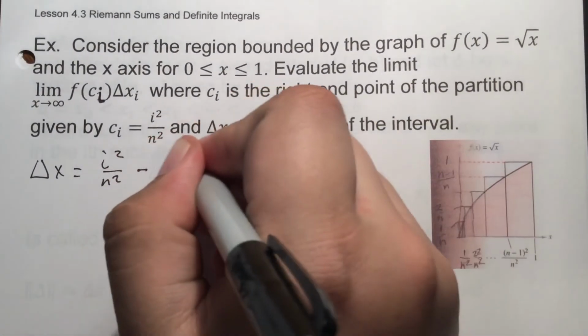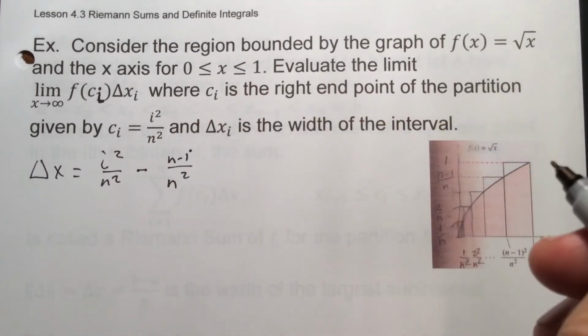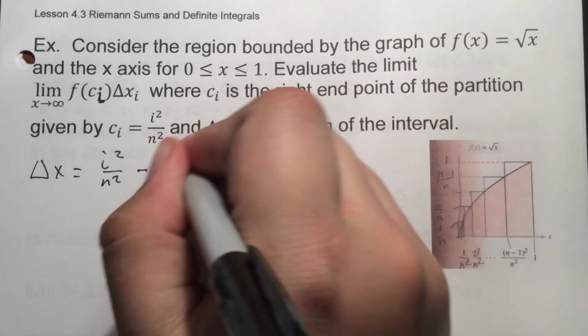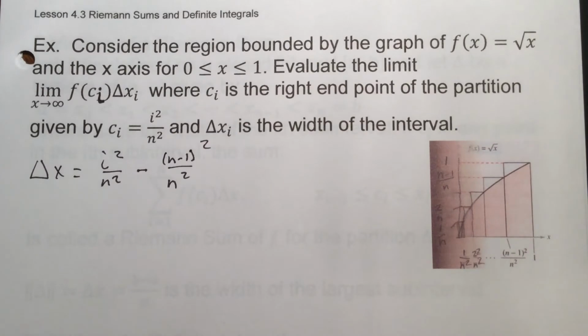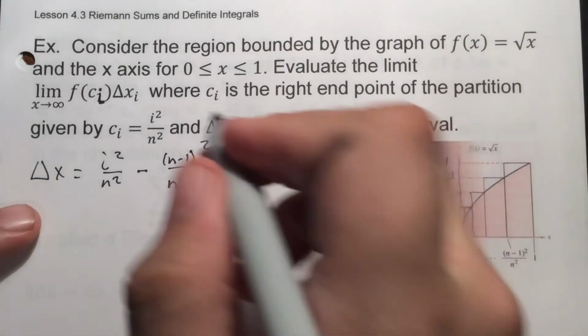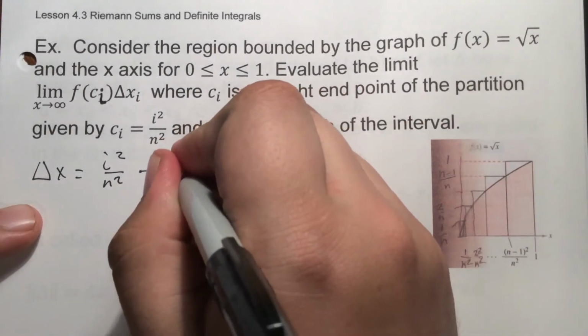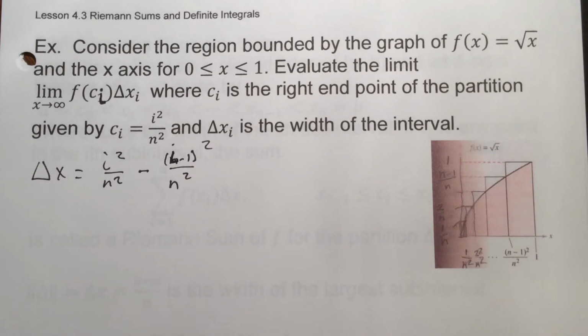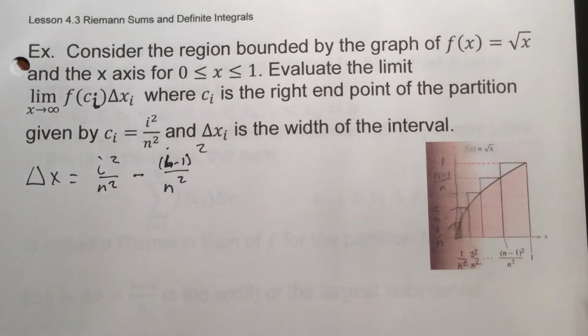Sorry, it should be i minus 1, because it's the previous i. Yes, that's how it should be.